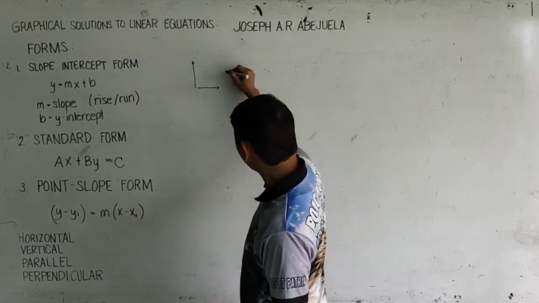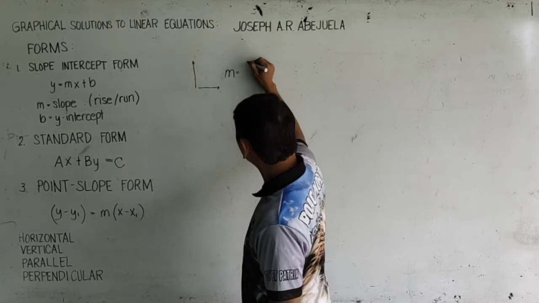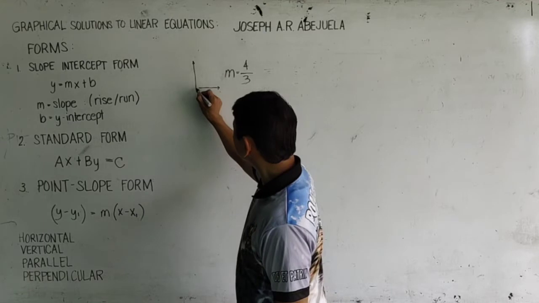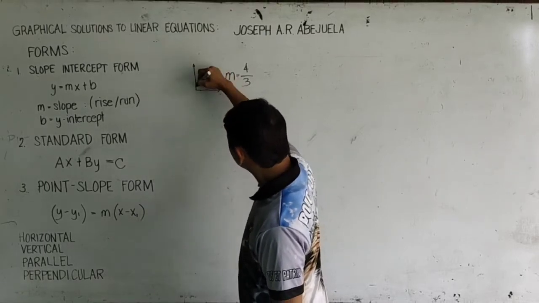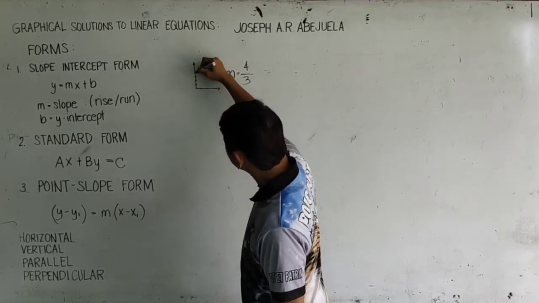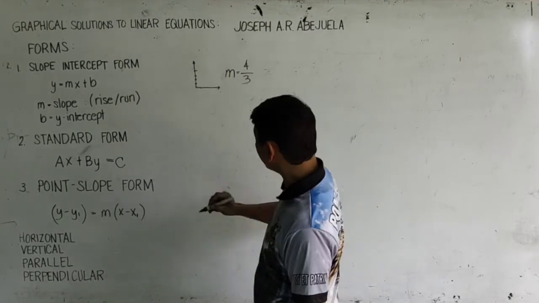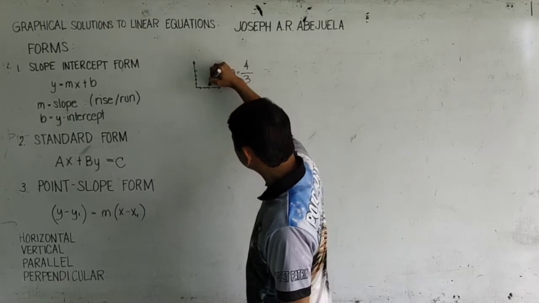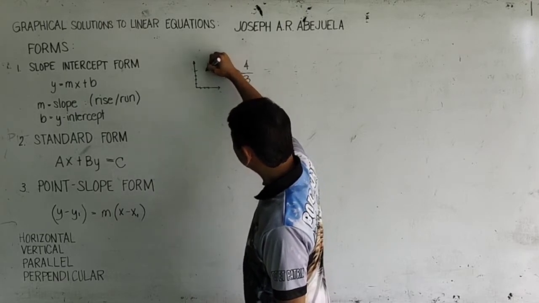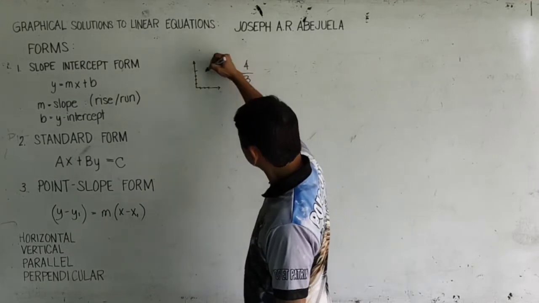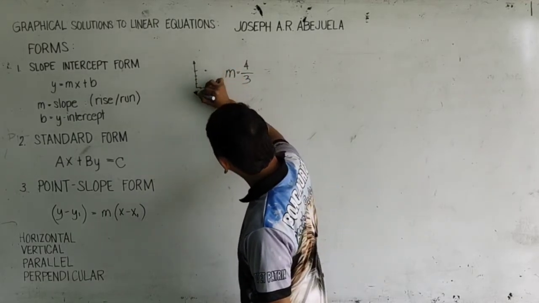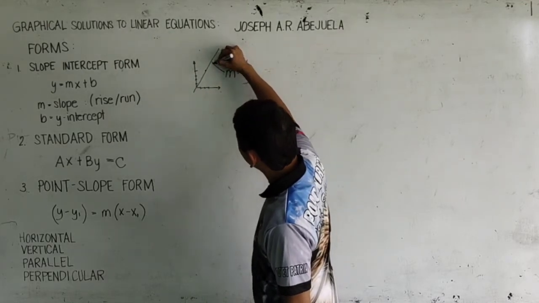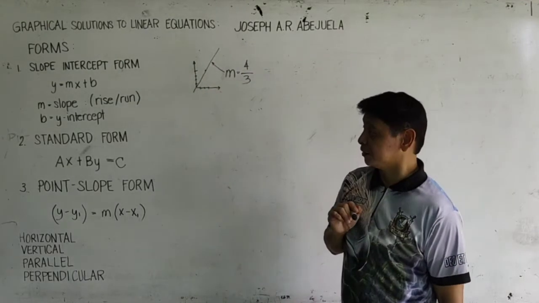For example, if we have a slope equal to 4/3, this means that as we go 1, 2, 3, 4 points along the vertical, we go 1, 2, 3 points along the horizontal. So we just have to plot them and connect. So this is the line having a slope of 4/3.